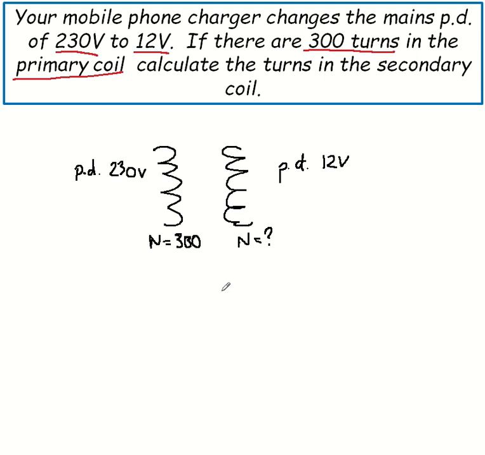So we then need to go back to our formula, but we need to rearrange it, because what we need to do is make the number of turns in the secondary coil the subject.